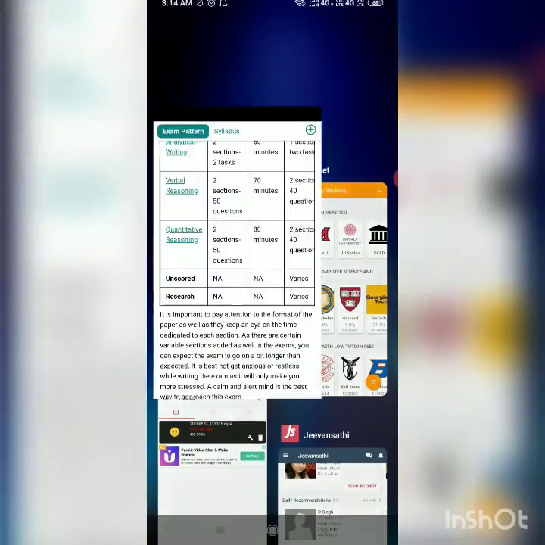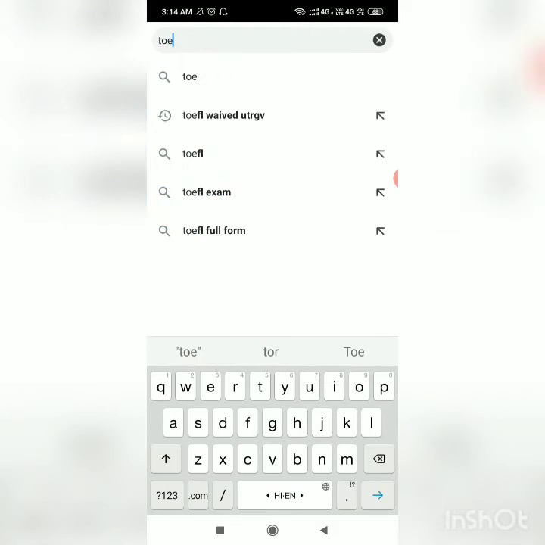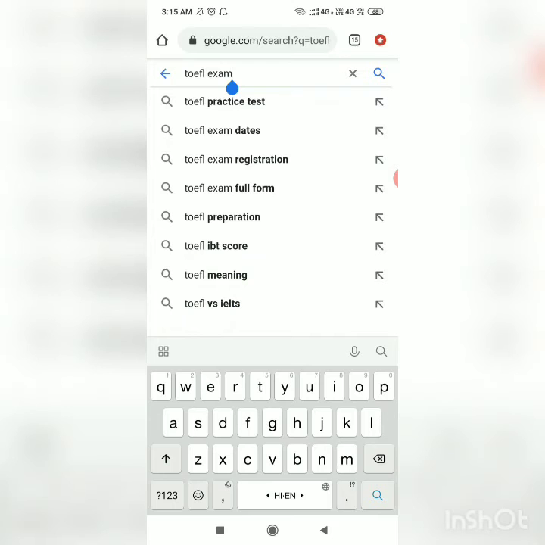And let us talk about the TOEFL exam. We'll go through the pattern.